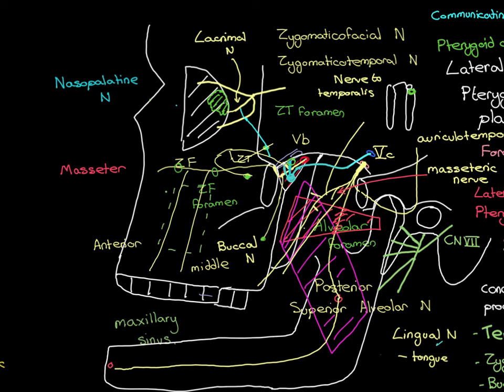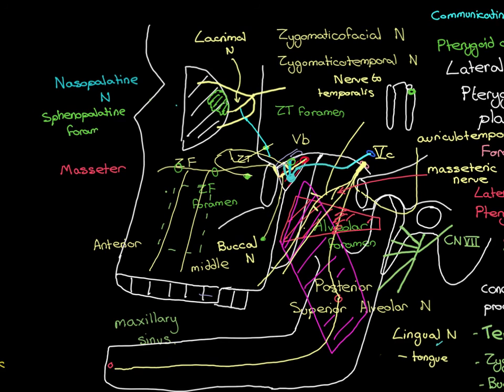So there is a foramen in the back wall of the pterygopalatine fossa as we're looking at it now, the back wall over there, that connects the pterygopalatine fossa to the nasal cavity. And what is that foramen called? That is called the sphenopalatine foramen.